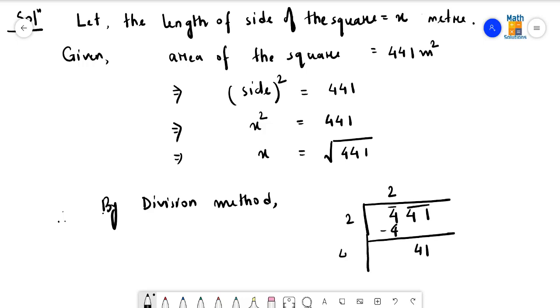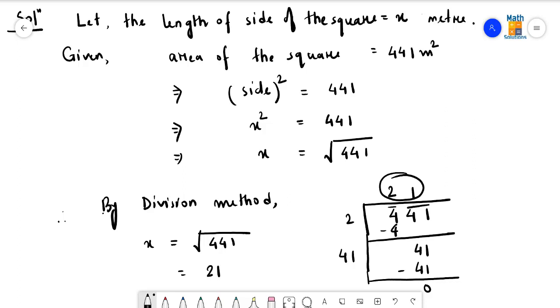So I have to make the divisor double. There is only one way out. I have to put here 1 so as to get 41. So on subtraction here it is again 0. Therefore by long division method, x is equal to square root of 441, this will be acting as the square root. So the answer is 21 meters.